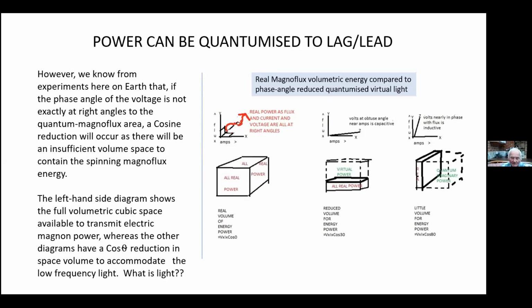Let's look at a Polaroid experiment showing what it is. This is a magnoflux experiment to show you that photons of light are three-dimensional and occupy just a tiny area of very, very flat space that can be reduced almost to a straight line.